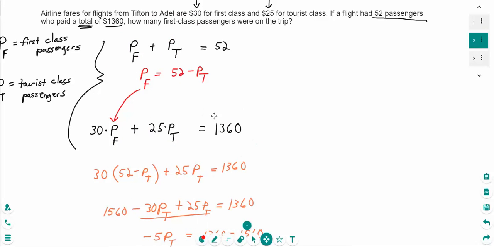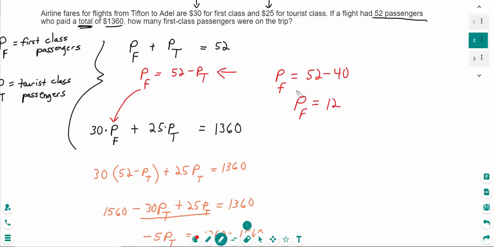We can plug that back in to this equation here, right? So p sub f is going to be equal to 52 minus the 40, the p sub t. And then p sub f is going to be equal to 12.